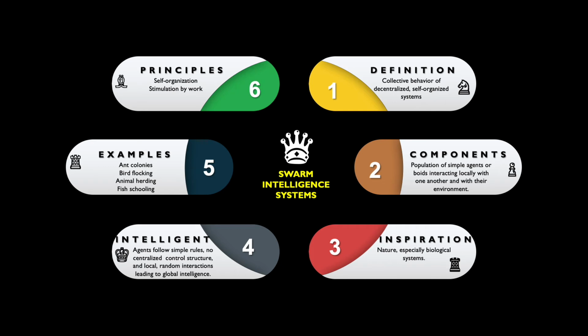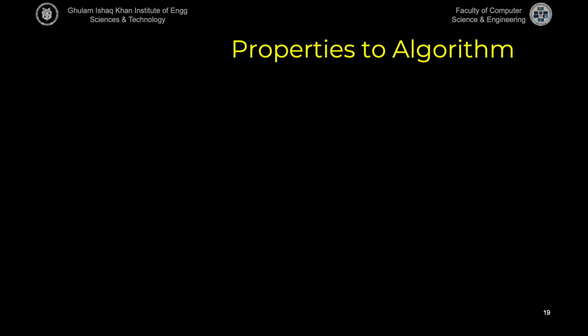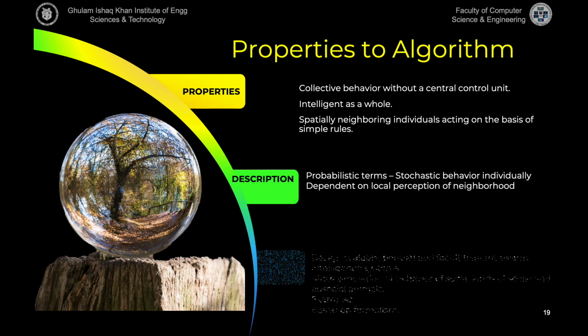So there are two main principles. One is self-organization, the other is stigmergy, and both are extremely necessary for all of the natural systems that we have seen in the earlier slides. Well, because fishes also stick together, and you see the term school of fish.